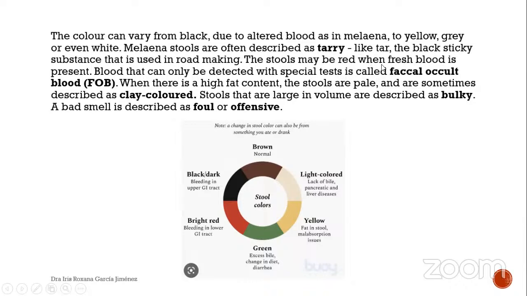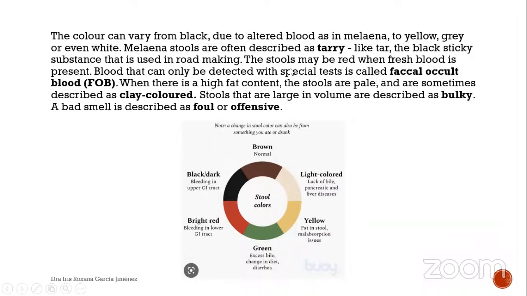The stools may be red when fresh blood is present. Blood can only be detected with a special test, the fecal occult blood, FOB. When there is a high fat content, stools are pale and are sometimes described as clay-colored. Stools that are large in volume are described as bulky, and bad smell is described as foul or offensive.